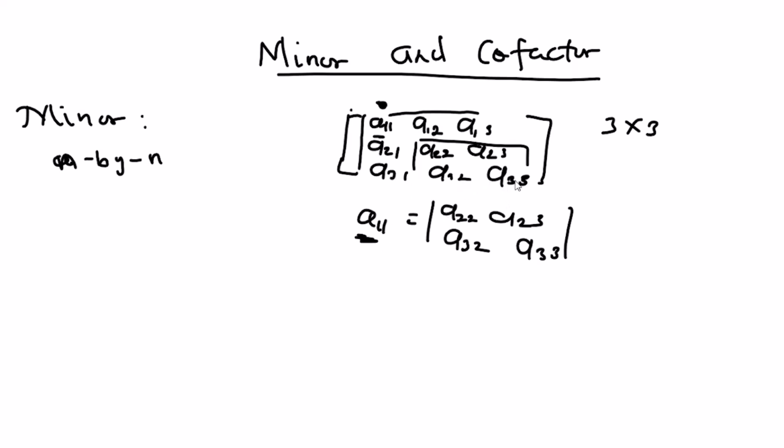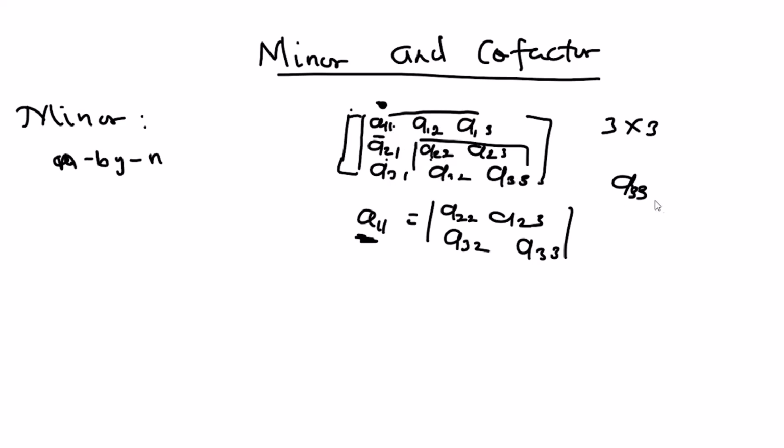So if I say the minor of A33, now we cancel row and column. What is left here? We have A11, A12, A21, A22. Then calculate the determinant from that.